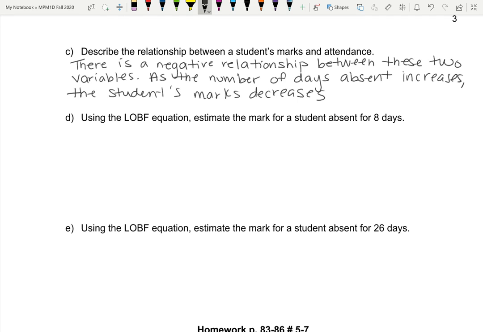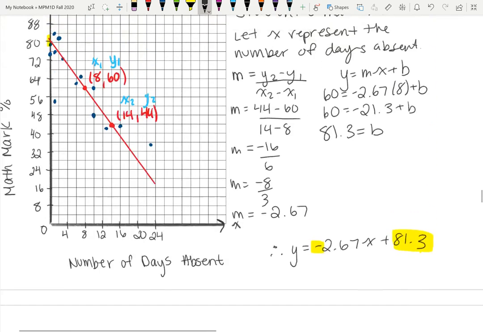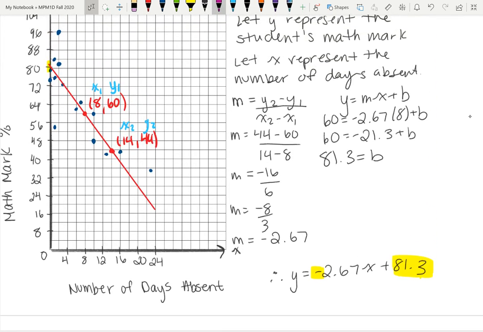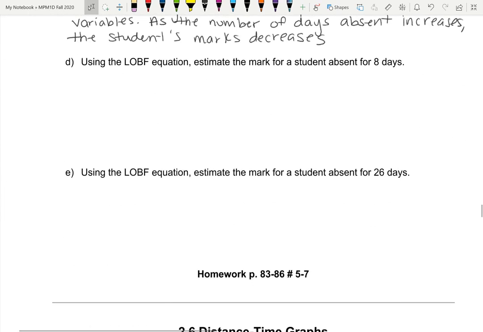Using the line of best fit equation that we created, estimate the mark for a student absent for 8 days. So 8 days is here. Remember, we can use interpolation, which is just reading the graph, or we can use the equation that we've created, which is still interpolation, but just estimating algebraically.